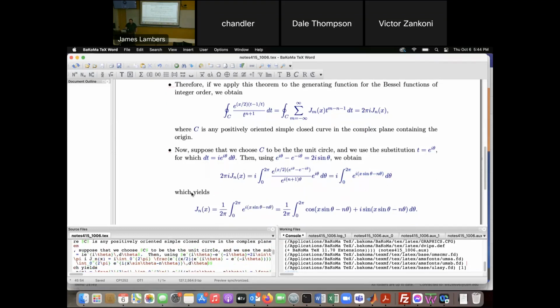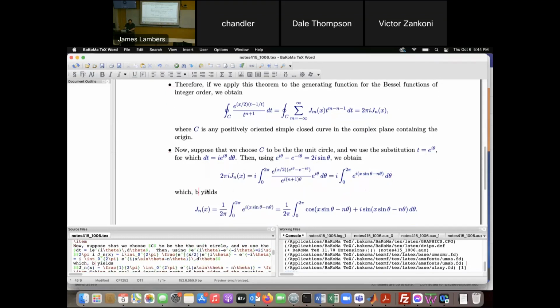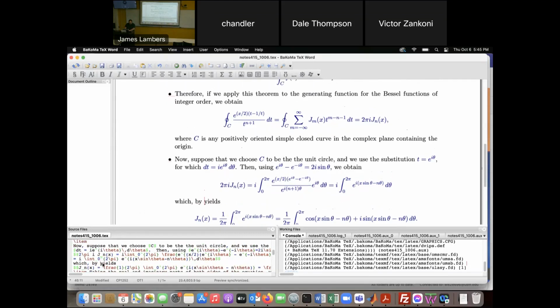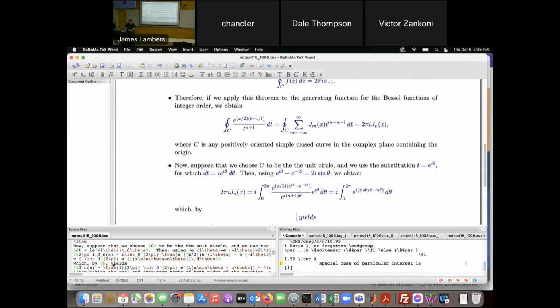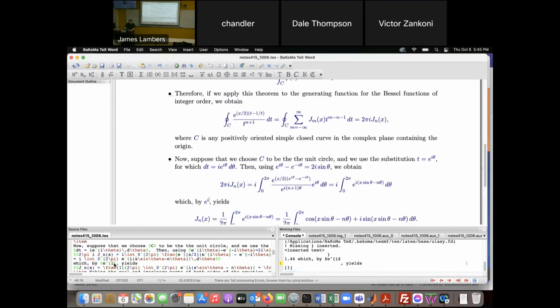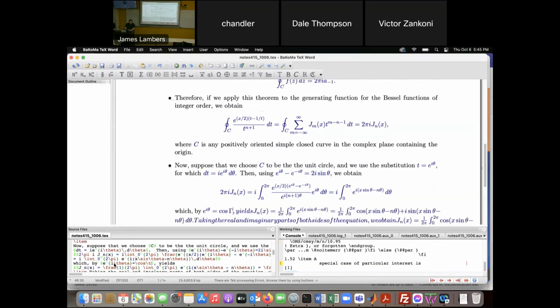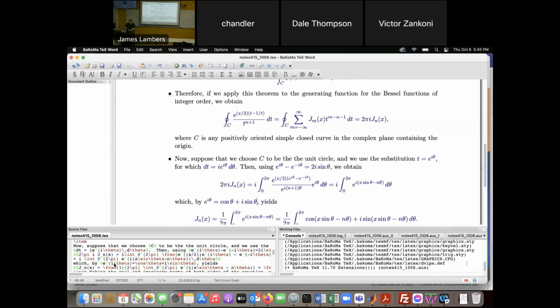So if I use this relation that's likely familiar to you, e to the i theta equals cosine theta plus i sine theta.